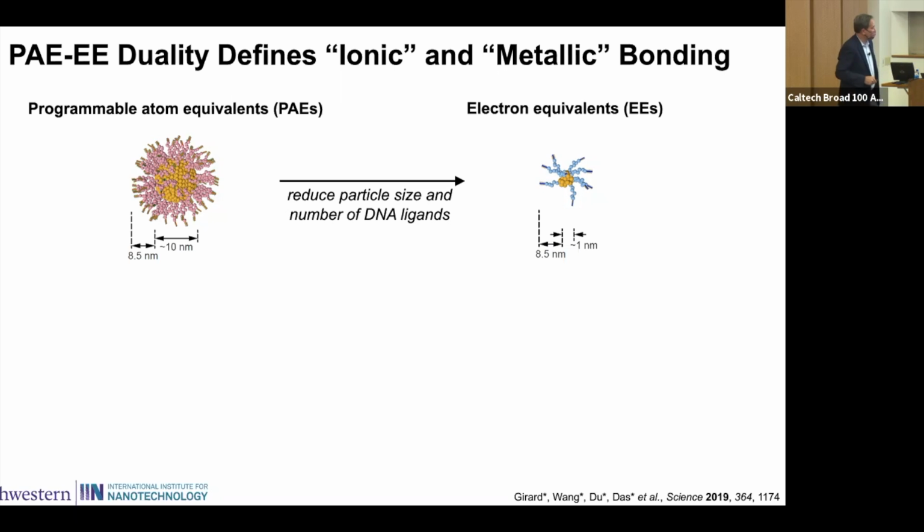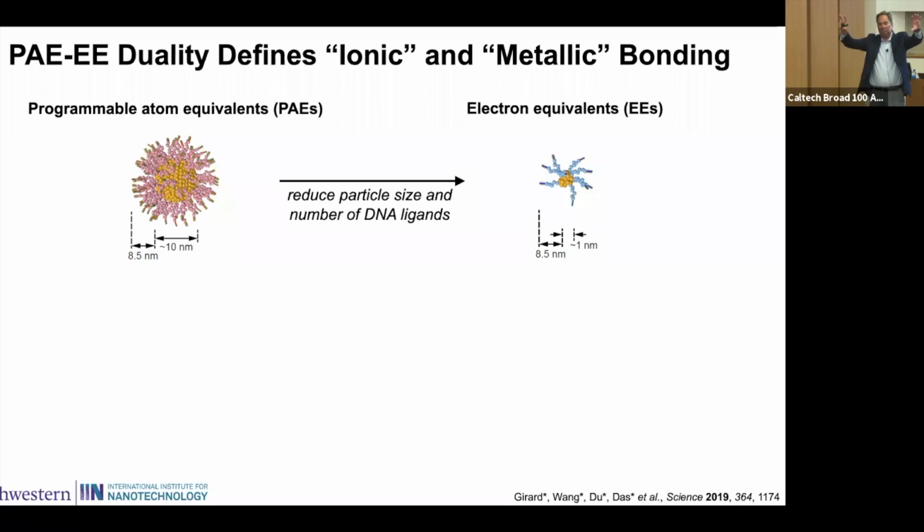One of the things we recently discovered with Monica Olvera de la Cruz is that when you keep shrinking down the size of the particle, something interesting happens. There is a duality that comes into play, where we go from what we call a programmable atom equivalent becoming a programmable electron equivalent. What do I mean by that?